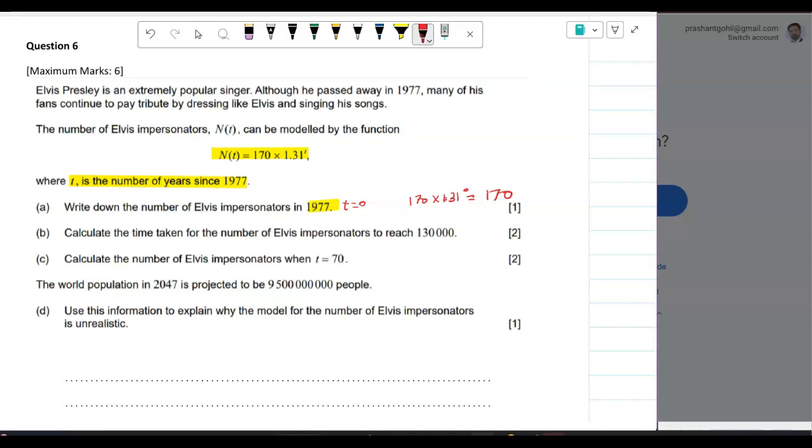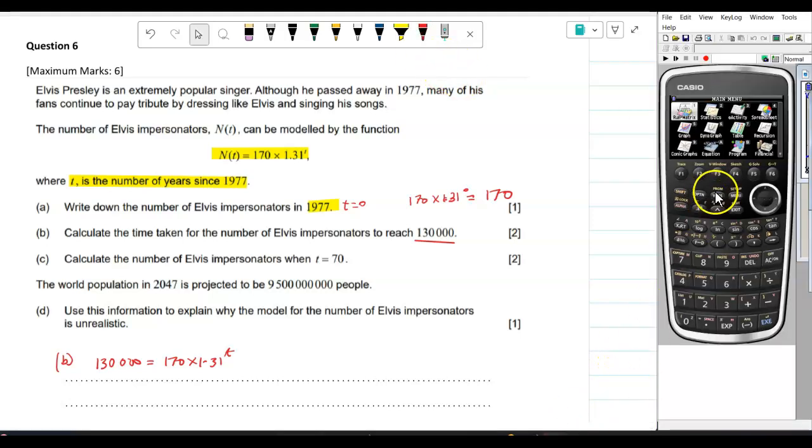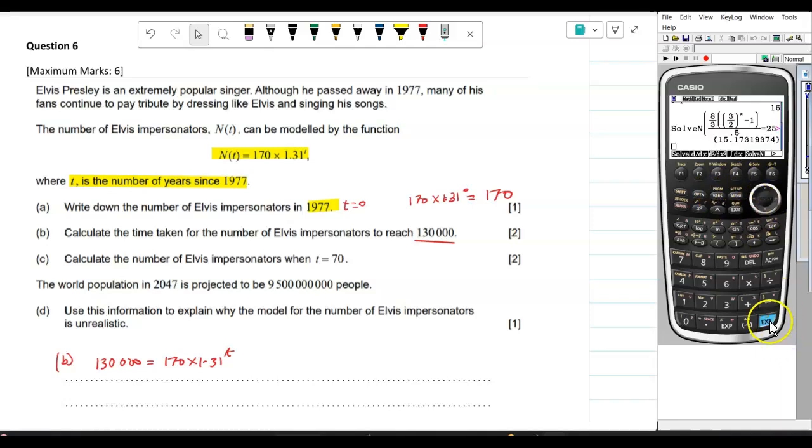Calculate the time taken for the number of Elvis impersonators to reach 130,000. What will you do? Your N you will put as 130,000 is equal to 170 into 1.31 raised to t. Follow? This is N. See, there are only two variables, N and t. So now you know how to do this.